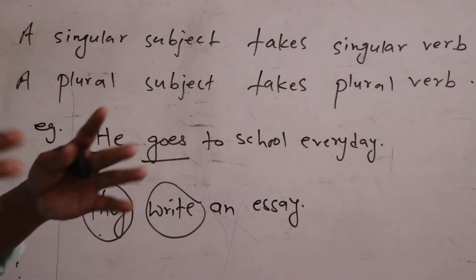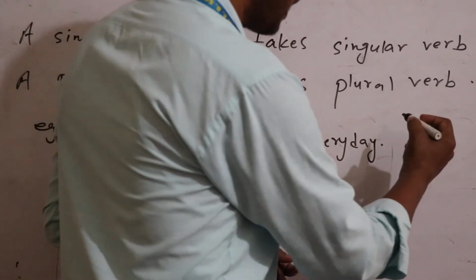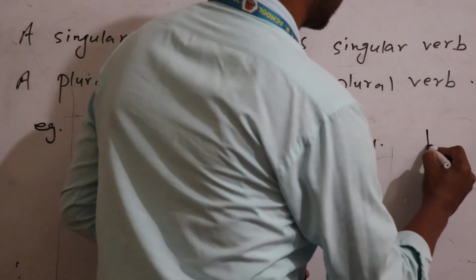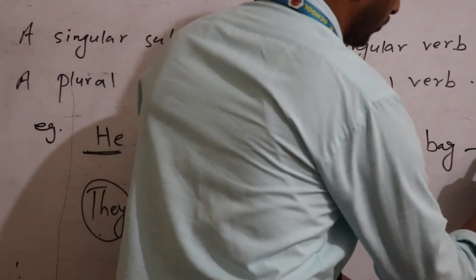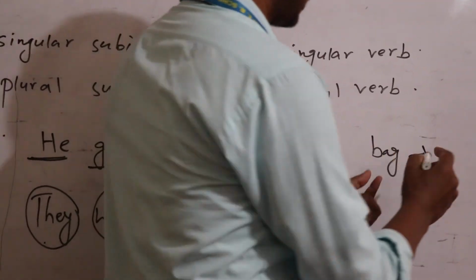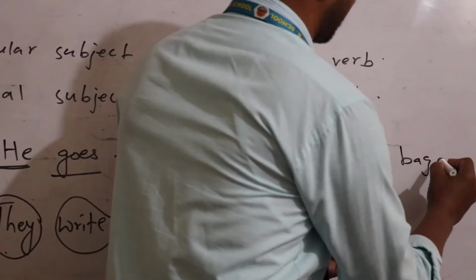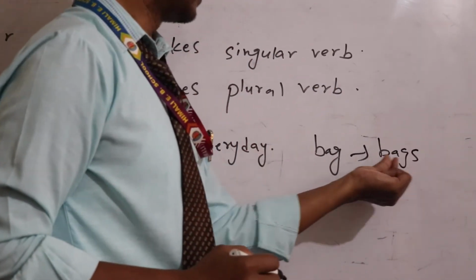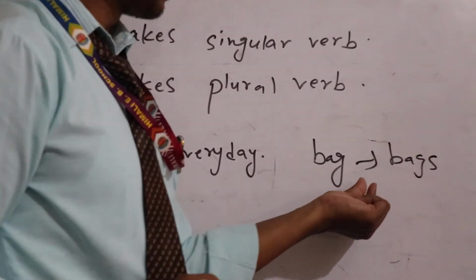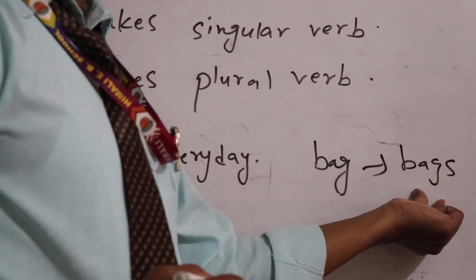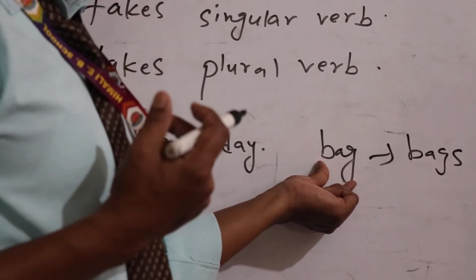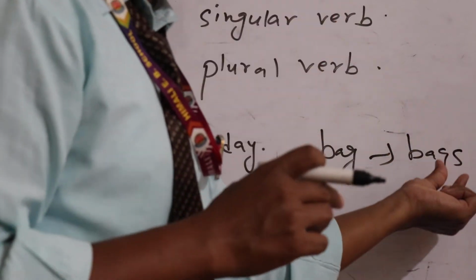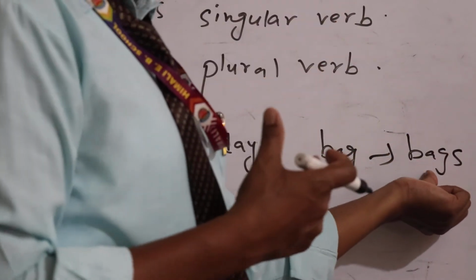Quite the opposite. Look here. For example, bag is a noun. Bag is singular, bags is plural. When we add s, it becomes a plural noun.